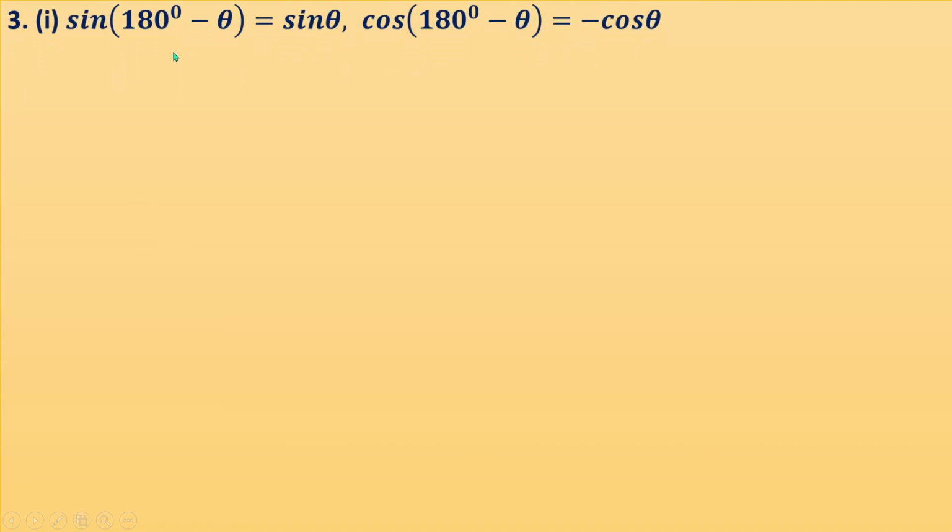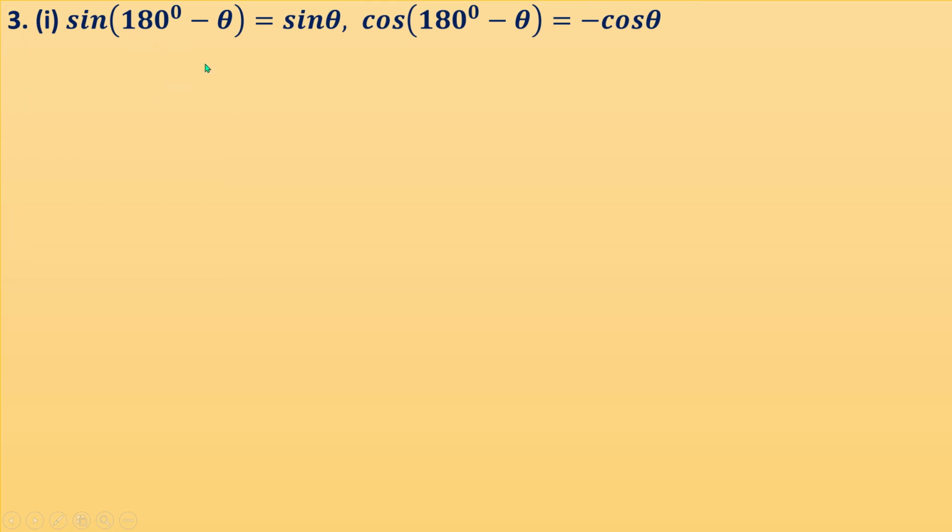Third, sine of 180 degree minus theta equal to sine theta, and cos of 180 degree minus theta equal to minus cos theta. Follow here. Here how many number of right angle? 2, because 180 degree means 2 into 90 degree. So the number of right angle is even, that means 2.